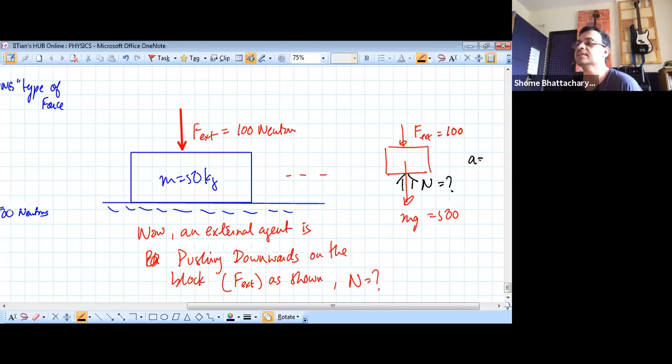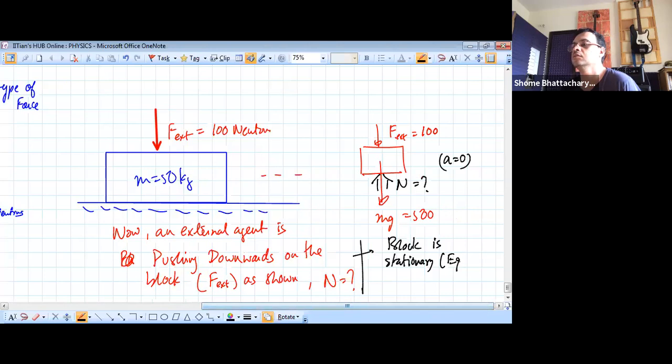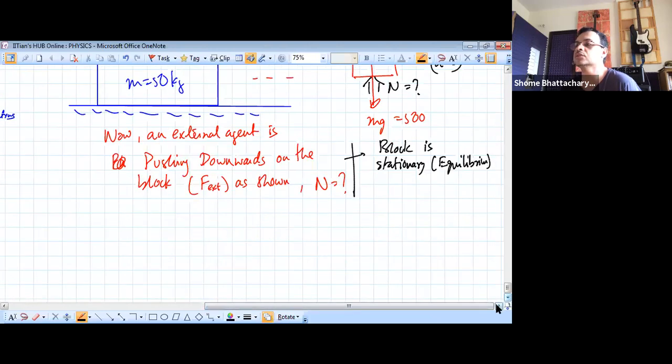So we'll see the acceleration of the block is 0. What we observe is that the block is stationary on the surface. Okay, so it's in equilibrium. So why is it in equilibrium in spite of applying the external force? Because normal reaction adjusts for the excess amount of force. So normal reaction now balances mg plus F external.